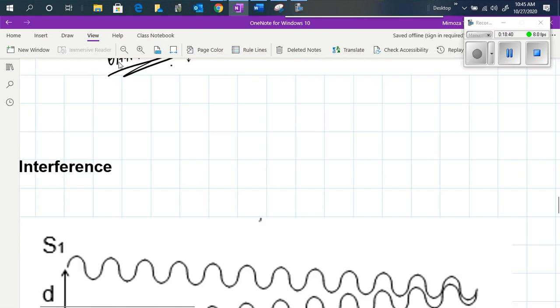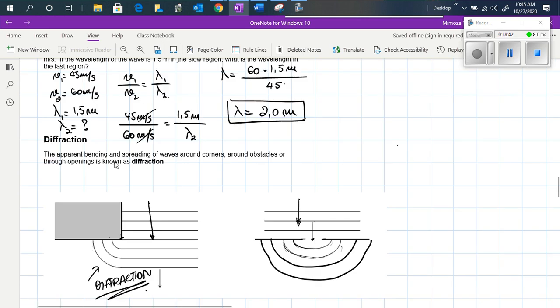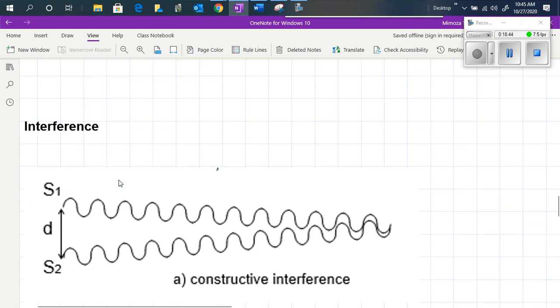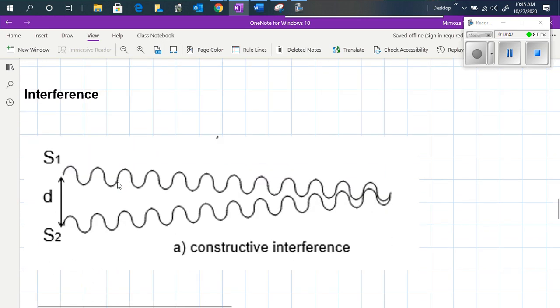Interference, on the other hand, is when the waves are meeting each other at a certain point. Interference can be constructive or destructive, fully constructive or fully destructive.